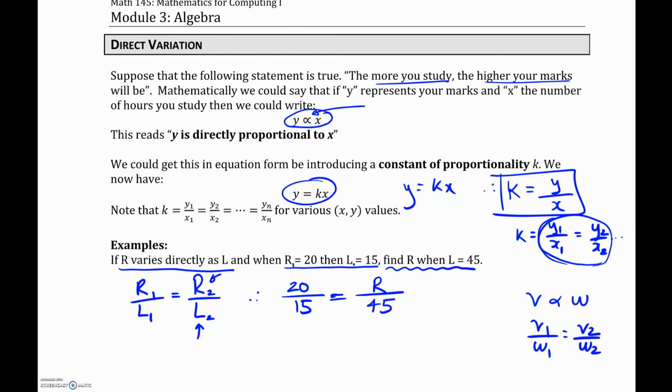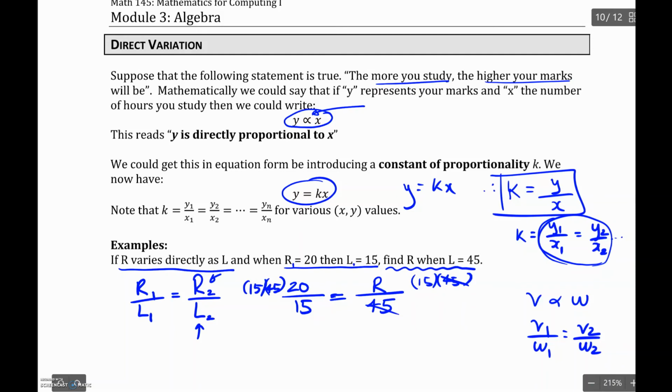Okay, so now how do we find that? Well, that's not bad. Now, again, we could multiply both sides by 15 times 45, and on this side 15 times 45. Now look what happens.